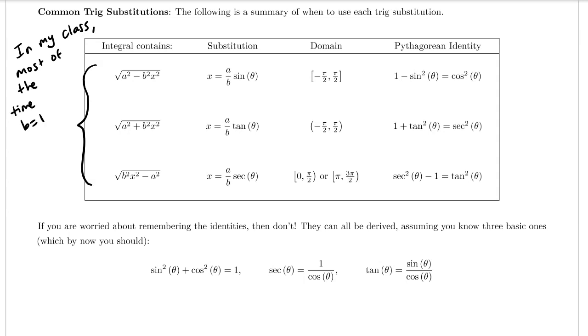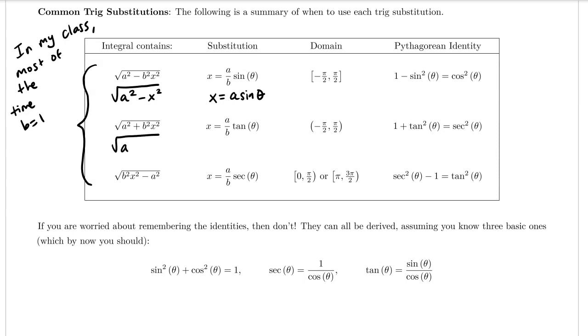But I just wanted to show you this more general case. But like I said, in my class, most of the time, not all the time, but most of the time, b will equal 1. And if that's the case, then this is more specifically going to look like a squared minus x squared. And then, as an alternative, we'd get x equals a sine theta.